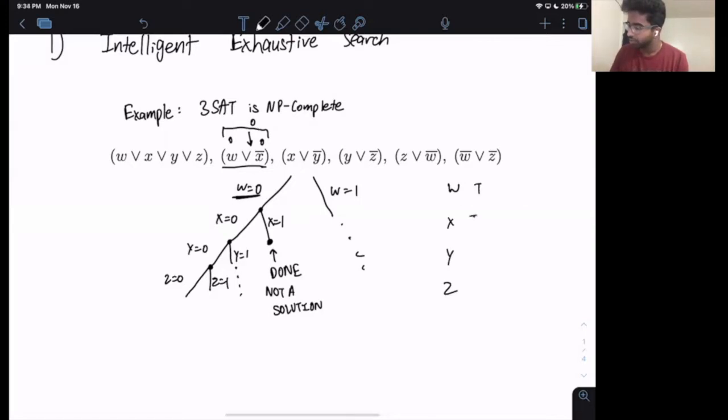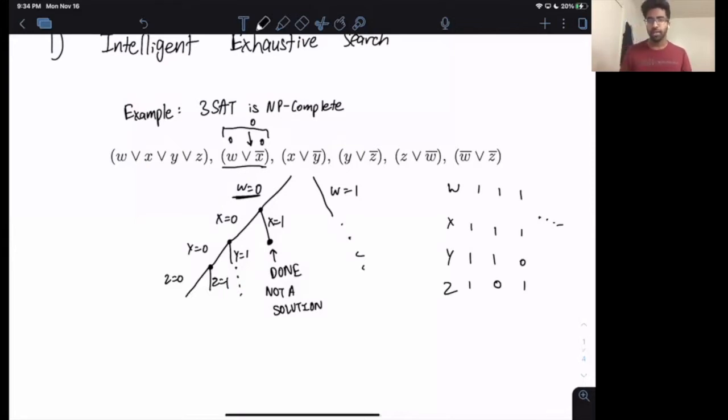We can do true, true, or let me use ones: 1, 1, 1, 1. Another solution can be 1, 1, 0, 0, 1, et cetera. And there's going to be 2 to the 4 of these, right? So it's going to be exponential. This is the basic way of solving this.